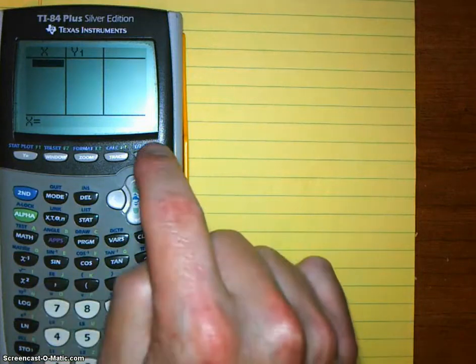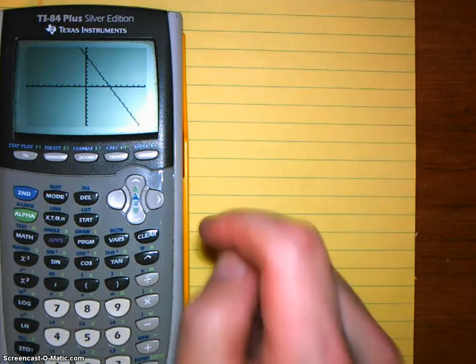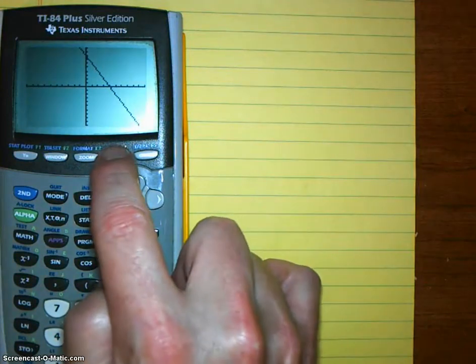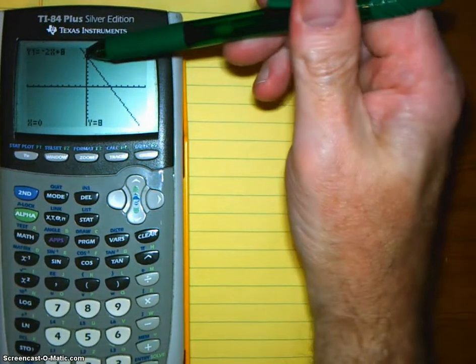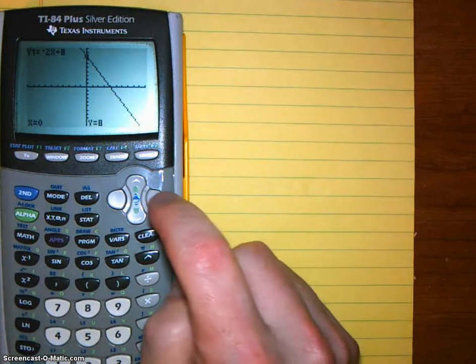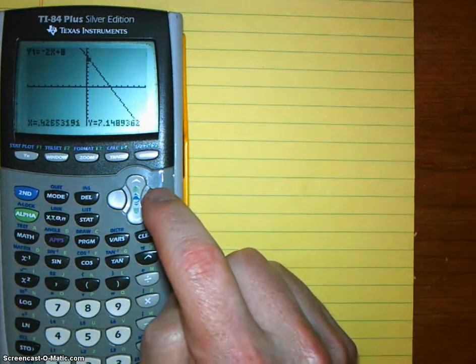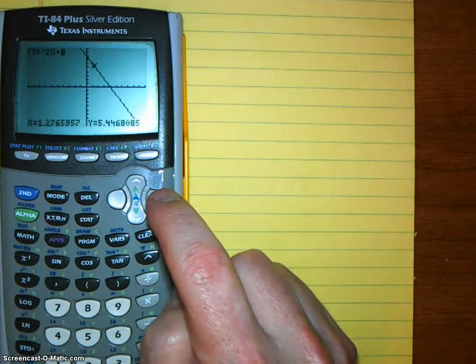All right, back to the graph. You can also use the graph to plug in numbers. And what I mean by that is I can push this trace button, and it's going to put a cursor on the graph. You'll see it here, and it'll tell you this is the point 0, 8. I can use my arrows to move around if I want, but I really can't control what numbers it's plugging in.